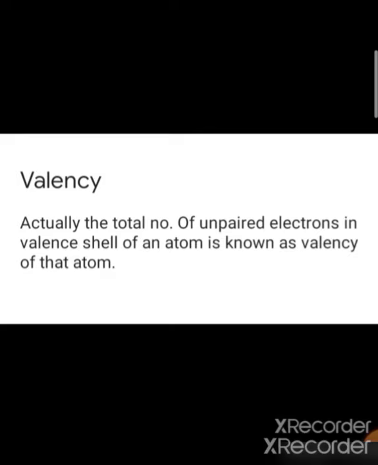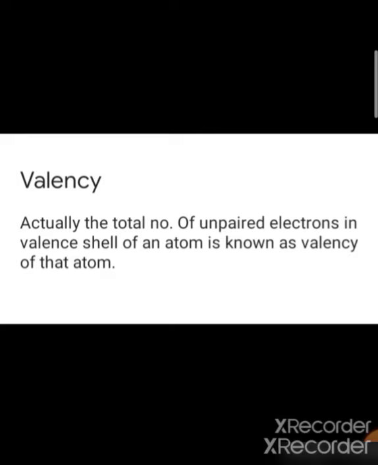In class 8th, we already discussed valency. Okay, you all know that the valency of hydrogen is 1, the valency of helium is 0, the valency of lithium is 1, the valency of beryllium is 2, the valency of boron is 3, the valency of carbon is 4.